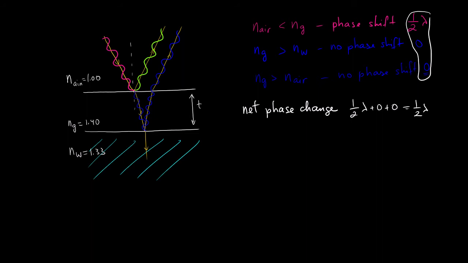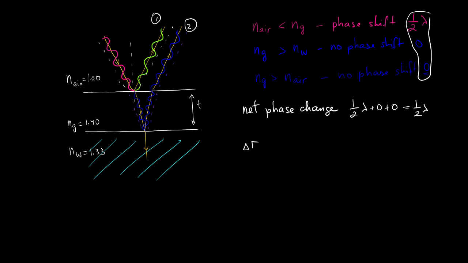Now for destructive interference to happen, we want the path length difference, like two waves go, their path length is R2 minus R1. If this is your first wave, this is your second wave. The first one has gone a distance from here to here, and the second one goes a distance through the thickness t and then another t, an extra 1.